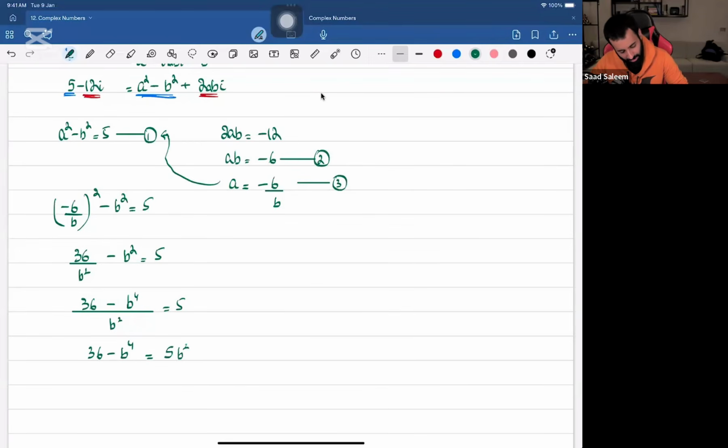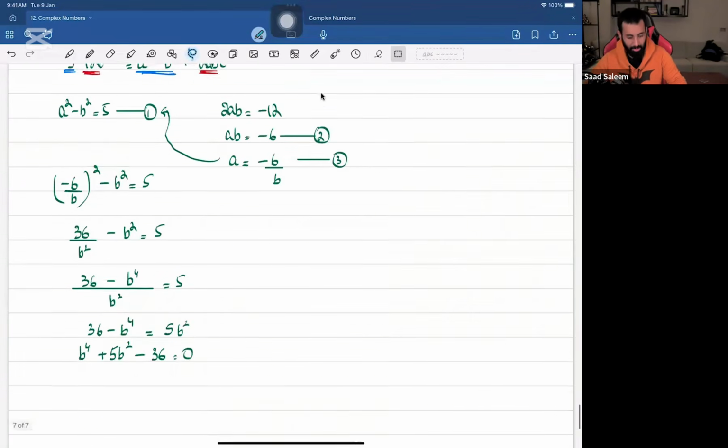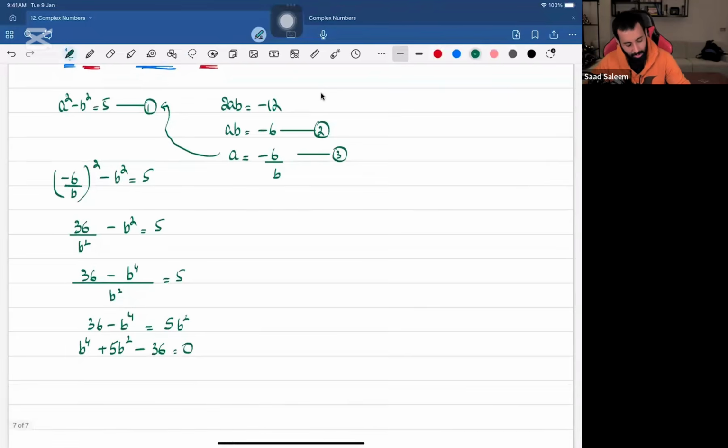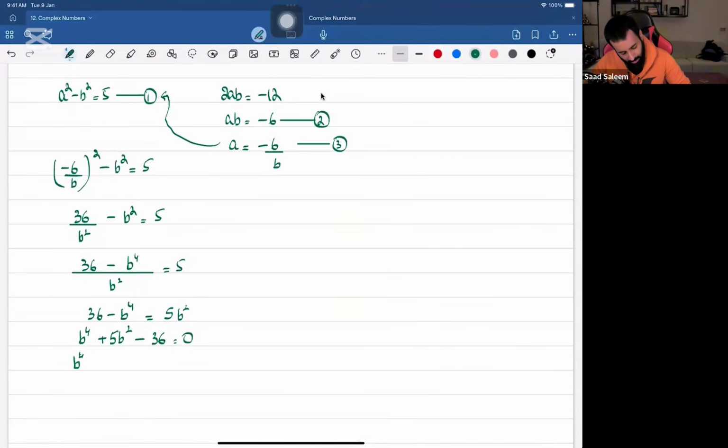Let's get all the terms on the right-hand side. So we have b power 4 plus 5b squared minus 36 equals to 0. Now you can solve it as it is, or you can first turn it into a quadratic equation by doing substitution. Either way, this is what you end up with: b power 4 plus 9b squared minus 4b squared minus 36 equals to 0. So we're doing middle term breaking over here.